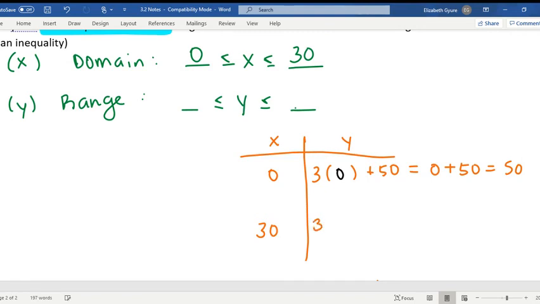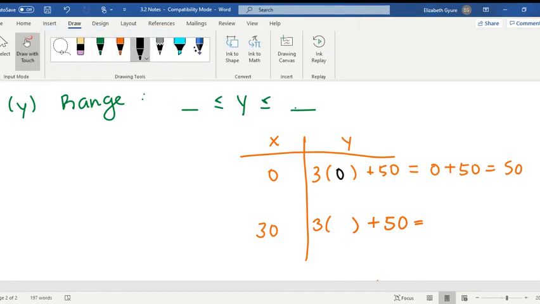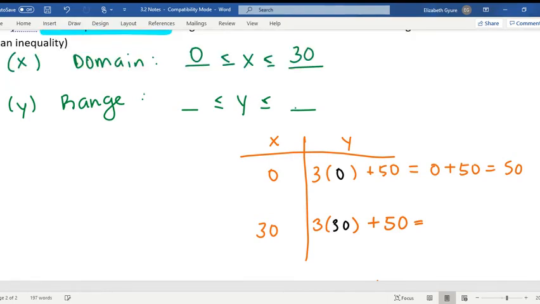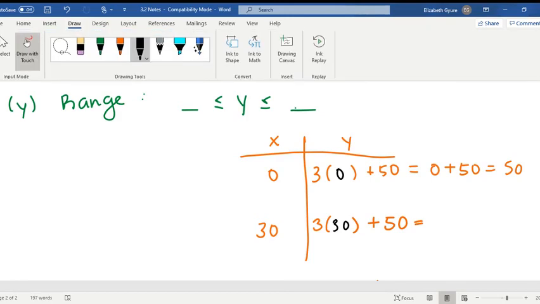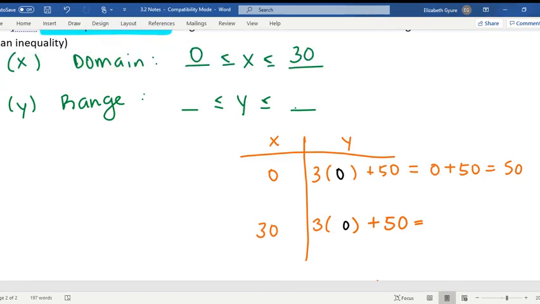So put your 3, put your blank parentheses plus 50. And then this time we're plugging in the x value, which is 30. Do you guys know what 3 times 30 is? 90. Oh, look at you guys go.